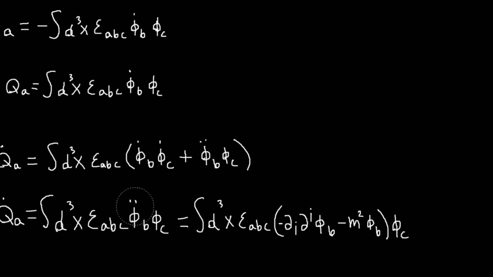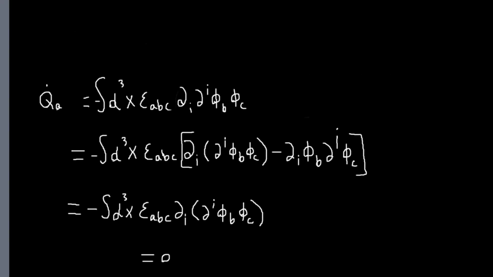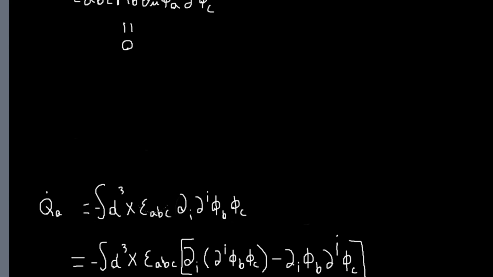So basically I can replace this phi double dot with minus d i d i phi minus m squared phi. So that's what I've done here. Then the second term, again, I'll just have a phi and a phi. So I can throw this away, play our game, throw this away. So I'll just be left with this term here.